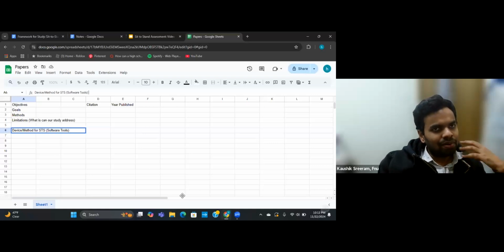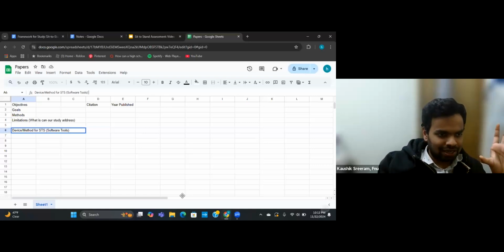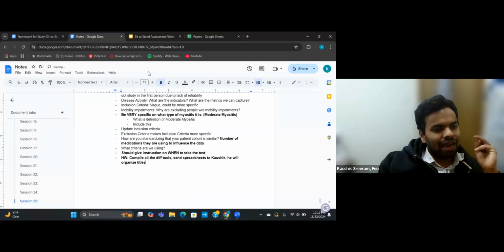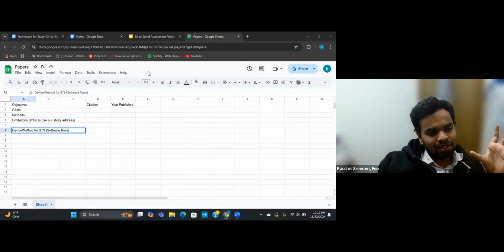Then you think about what we finalized. We finalized our method to a major extent. In that method, you're looking at disease activity and the medication that the cohort is taking, and that gives you an accurate depiction of who your cohort is.